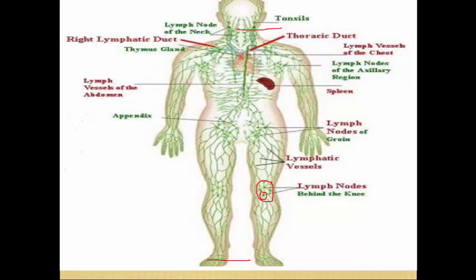The concept is, in this lymphatic system, lymph is a fluid which is running, and that fluid contains antigen. Suppose here there is some antigen, so through this lymph, this antigen will move towards a certain lymph node. That is the lymphatic system. Okay, this was the concept you need to understand before going to the secondary lymphoid organs.